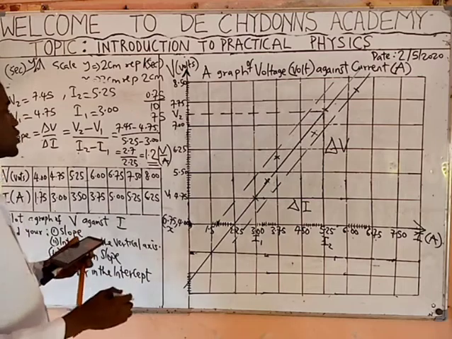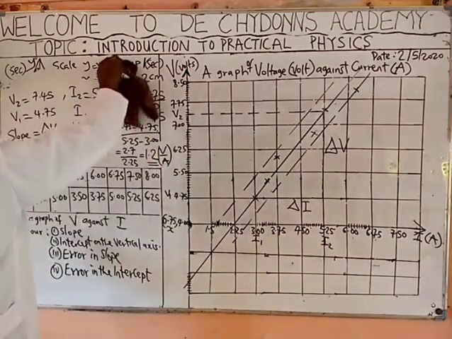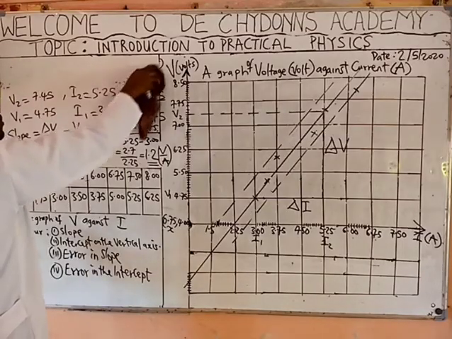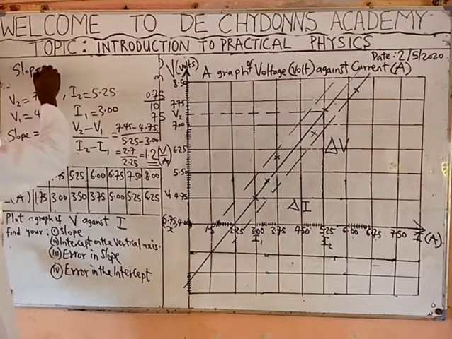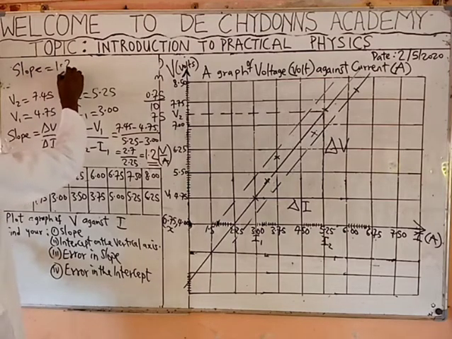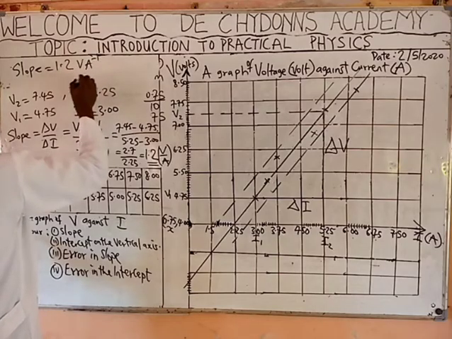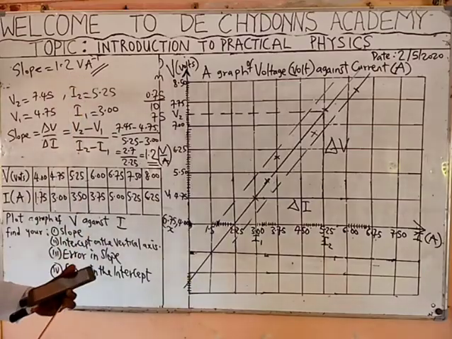That is the unit. So we have seen that our slope is equal to 1.2 volts per ampere. That is it. The unit is very, very important.